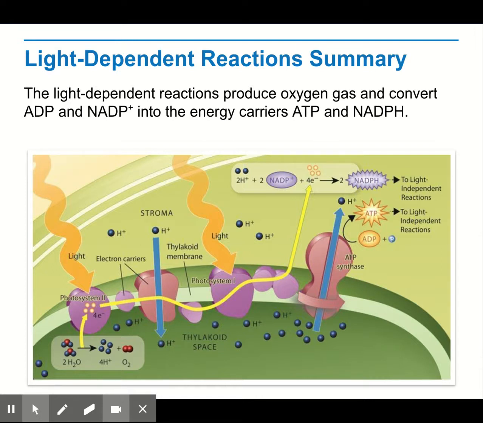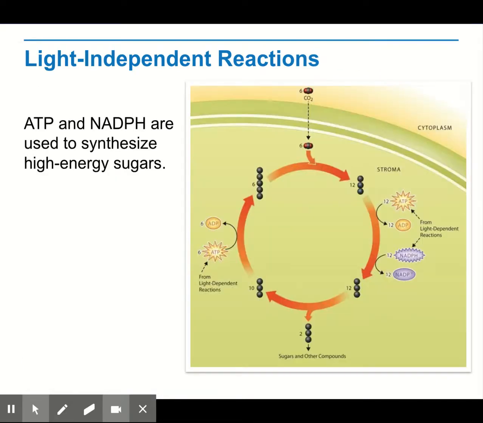A summary of the light dependent reactions is provided here. Overall, these reactions produce oxygen gas, and they convert ADP and NADP plus into the high energy carriers that we call ATP and NADPH. Now let's look at the light independent reactions.